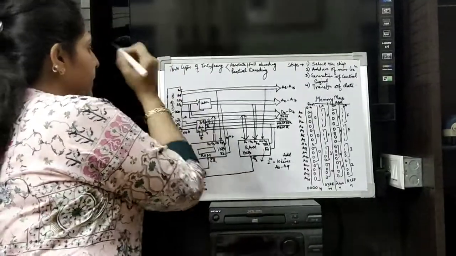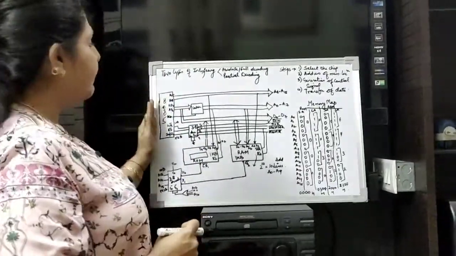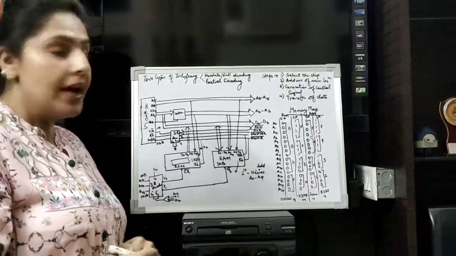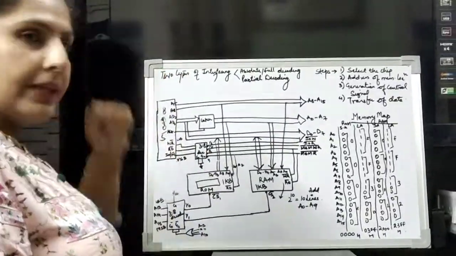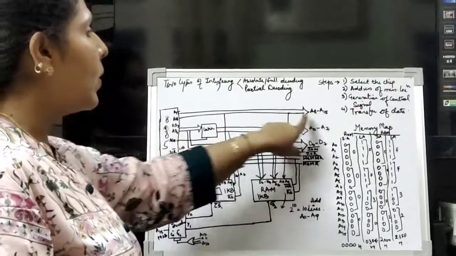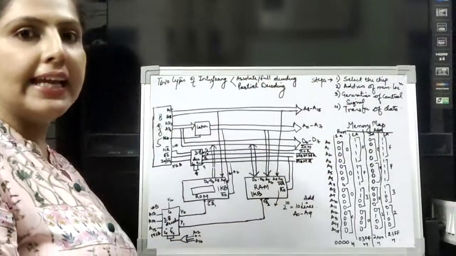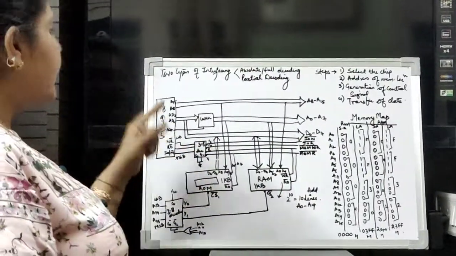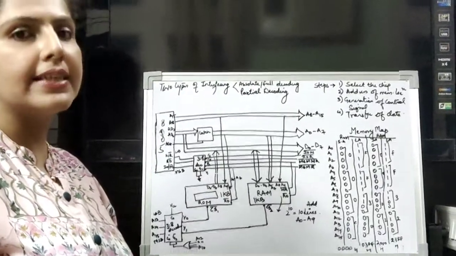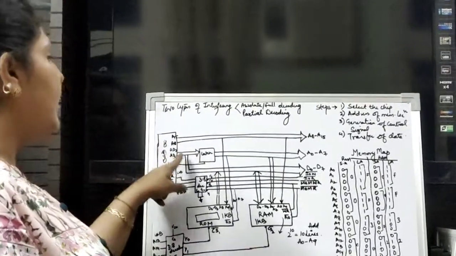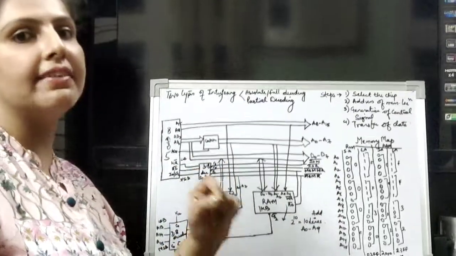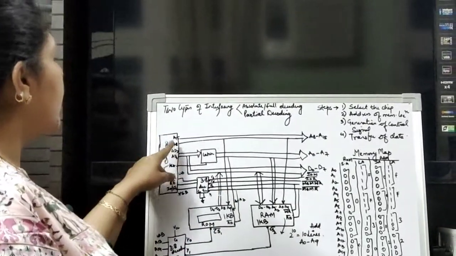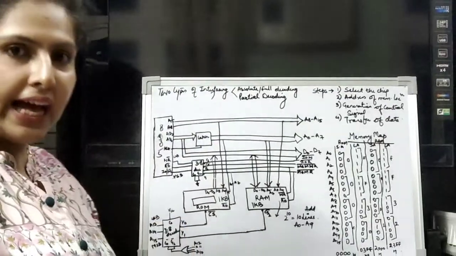Now just focus here. We are having 8085. Here 8085 comprises the address bus. First is the higher order address bus, that is from A8 to A15. Next address bus is the multiplexed address bus, that is AD0 to AD7. That means it is multiplexed with address as well as data. So AD0 to AD7 is being given to a latch.